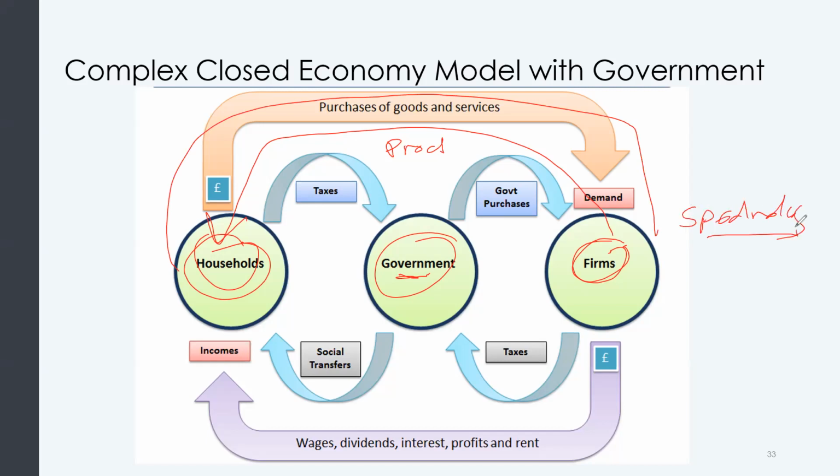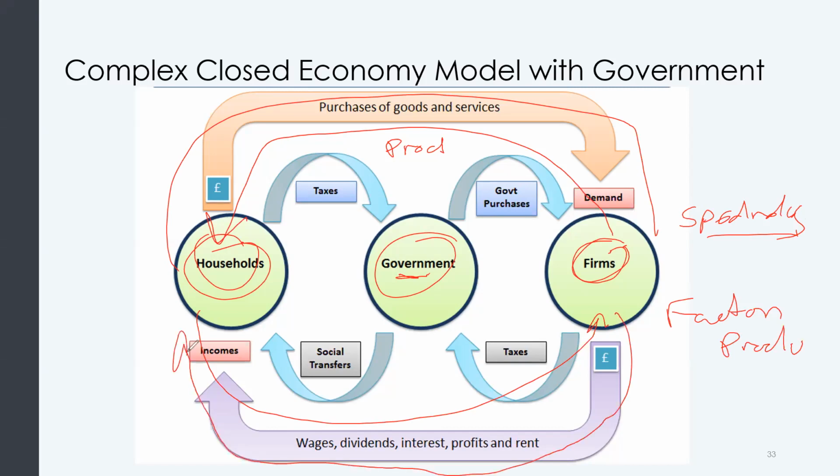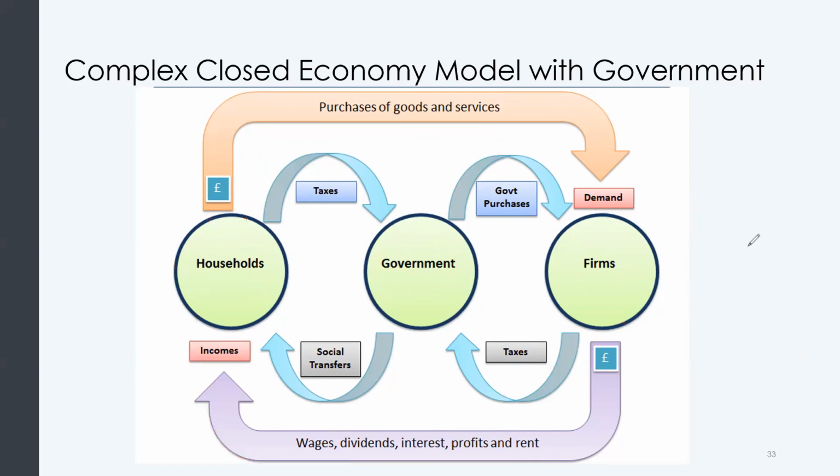Right? The households still supply the companies with factors of production. That's production. But the companies also still supply the household with an income for the factors of production, which is wages, interest, whatever. Right? So the flows are still there. Those three flows, they still exist in this diagram.